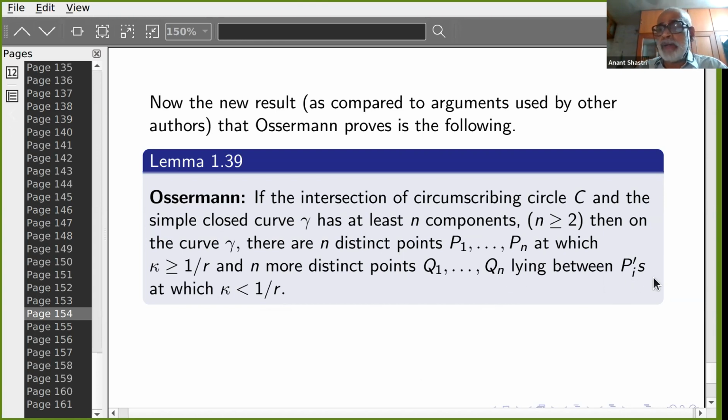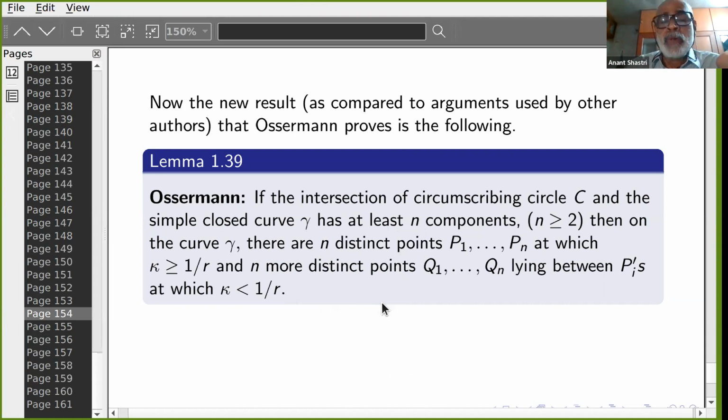So what is the meaning of lying between? You have to trace the entire curve in one single fashion, either counterclockwise or clockwise. You are going through a circle of radius r. That is all fixed here, and the curve is inside the circle. It will have to touch the circle at least in 2 distinct points. All these things we have done already. So you want to pick up points on the curve, tracing it, let us fix it, in the counterclockwise direction.